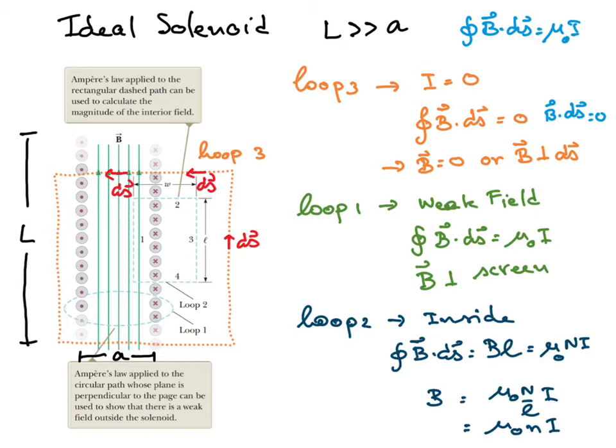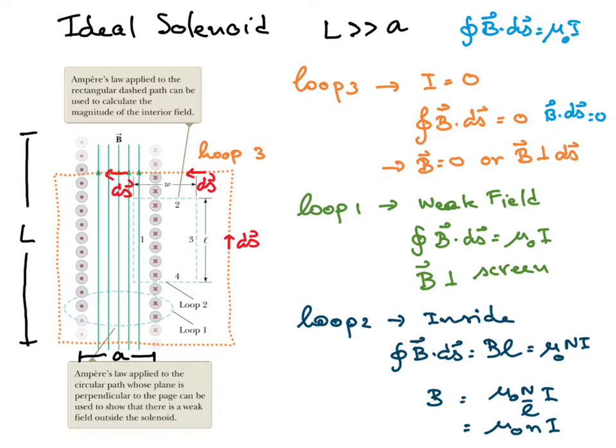And also, from the right-hand rule, we know that the magnetic field will point somewhat along this circular path. And from the analysis of loop number 3, we say that outside the solenoid, we must have the magnetic field that points perpendicular to the plane of the screen or of this paper.